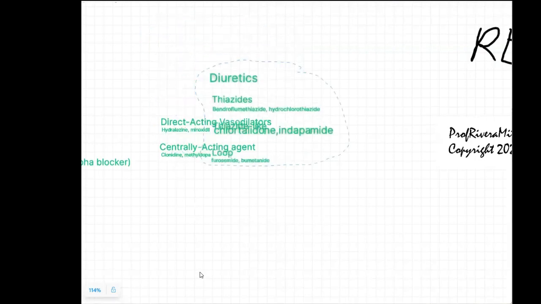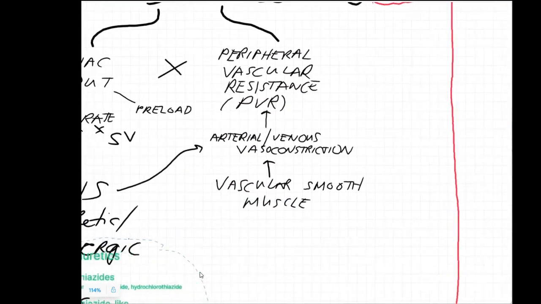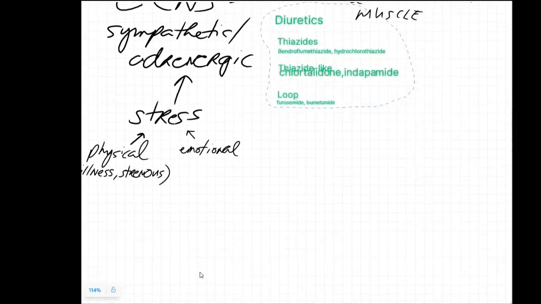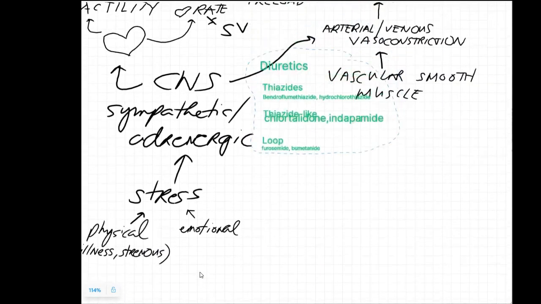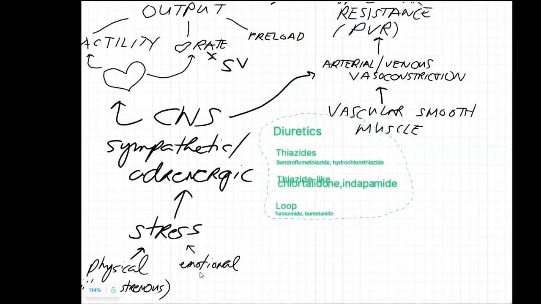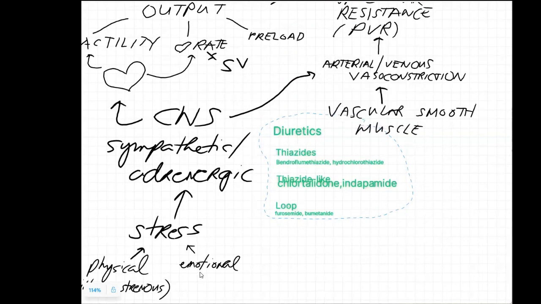If we plug that in here, they can be plugged in a couple of different areas. So I'm just going to put them down here, and then I'm going to copy that and we will put it somewhere else. I'm putting it here because diuretics decrease preload.